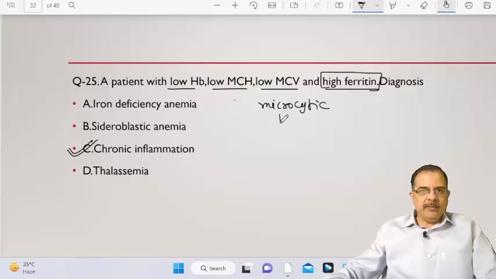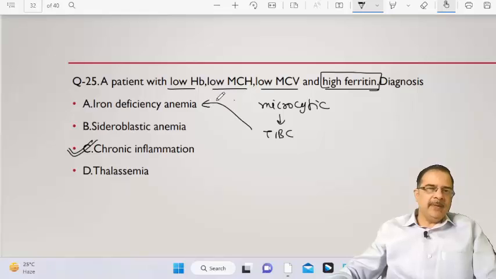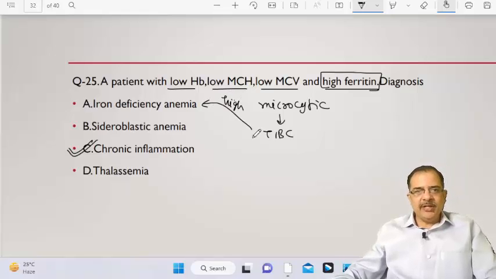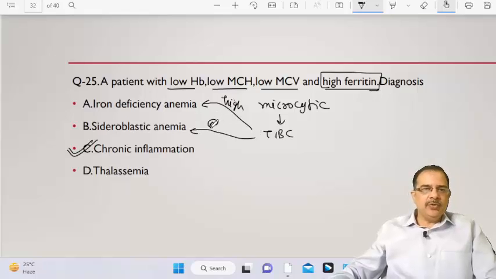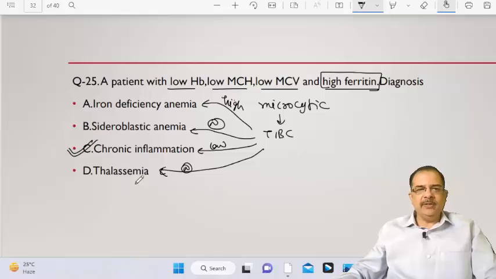In microcytic anemia, the best test though is TIBC. If TIBC is high, then it will be a case of iron deficiency anemia. TIBC is normal in sideroblastic anemia. TIBC is low in chronic inflammation. In thalassemia, again it is a normal TIBC, but thalassemia will give you abnormal hemoglobin electrophoresis, by which we can differentiate.